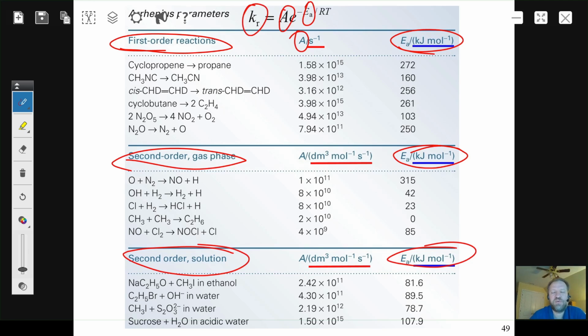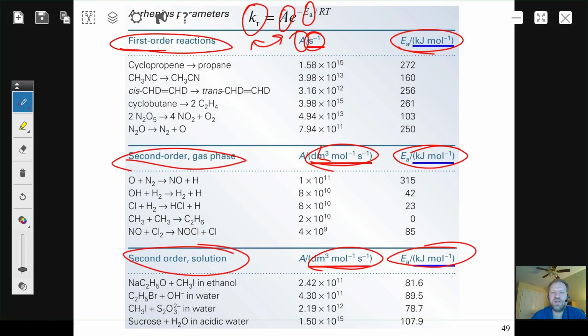So as we noted just a second ago, the exponential form of the Arrhenius equation shows that the unit of the pre-exponential factor should match that of the rate constant. Therefore, it will have the unit of inverse second for first order reactions, but liter per mole second for second order reactions.